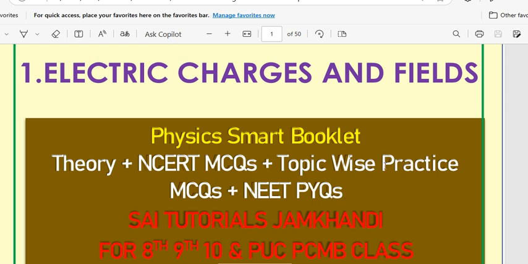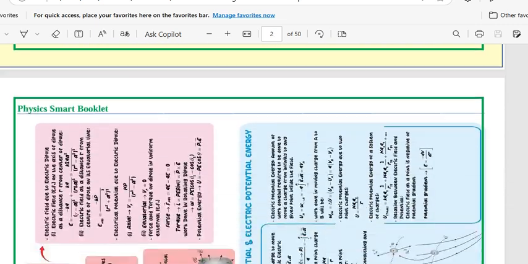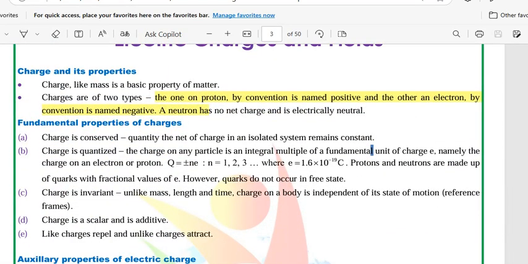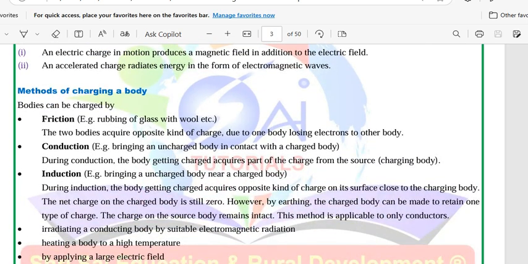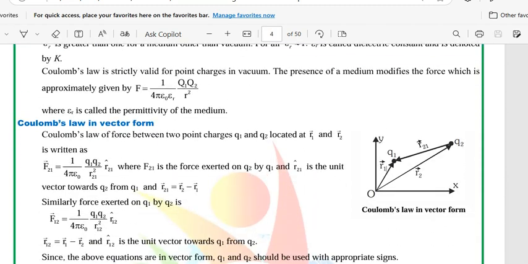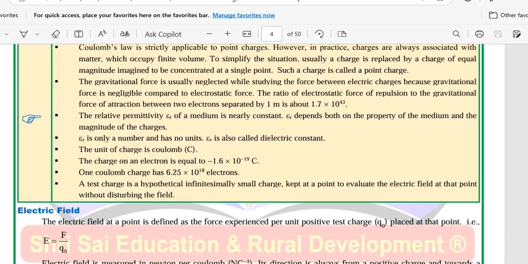Dear students, in earlier classes we have discussed electric charges and fields and related concepts. In the previous class we discussed charge and its properties, fundamental properties of charges, auxiliary properties of charges, methods of charging a body, Coulomb's law, Coulomb's law in vector form, and some important points to remember about the concept.